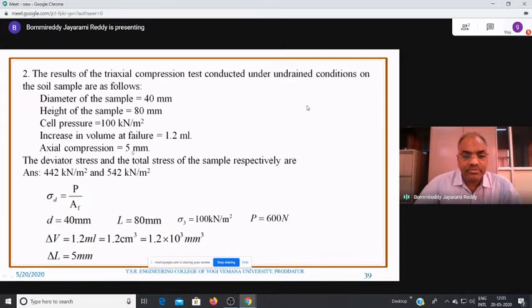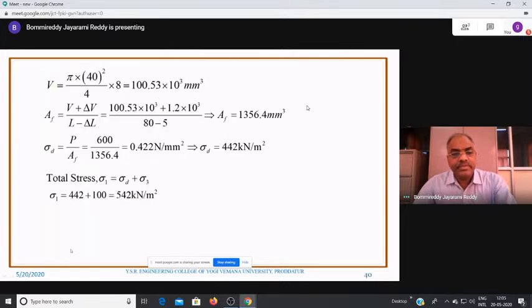And 5 mm is given as axial compression, which means delta L. Initial volume is pi d square by 4 into height. Then area at failure is V plus delta V divided by L minus delta L. Substitute here, you will get area at the failure. Once area at the failure is known, deviator stress is P by AF, and you will get sigma d 442.